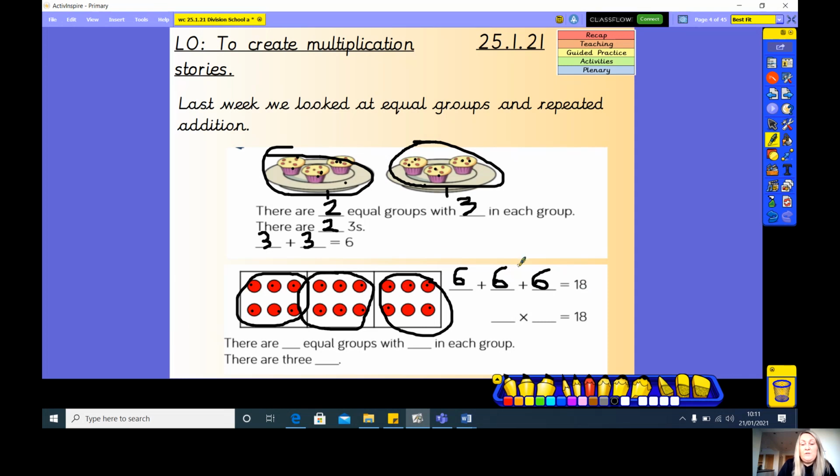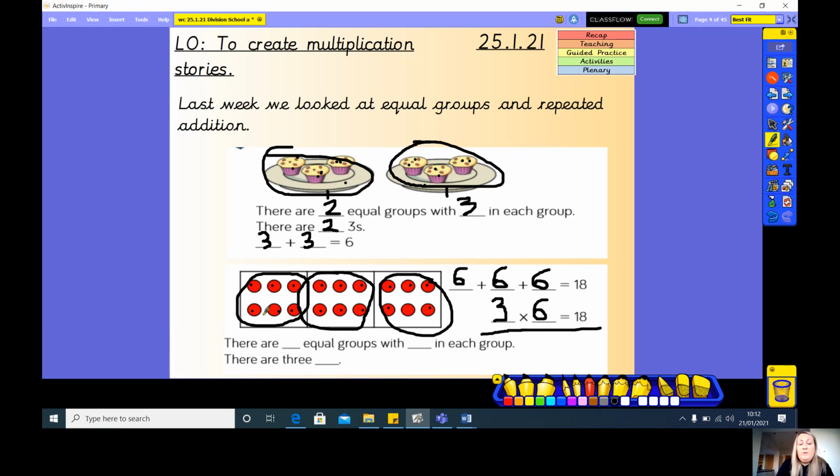6 add 6 add 6 equals 18. So if we were writing this as a multiplication sentence, what do you think we would write? Well done. We would write 3 times 6, or 3 lots of 6, because there's 1, 2, 3 lots of 6. And that also equals 18.